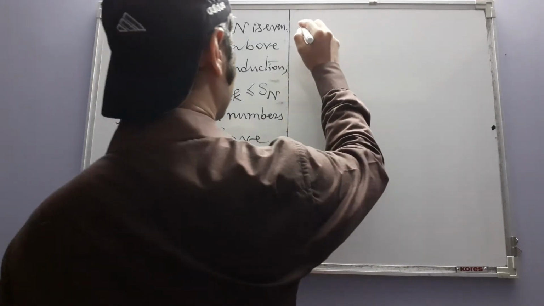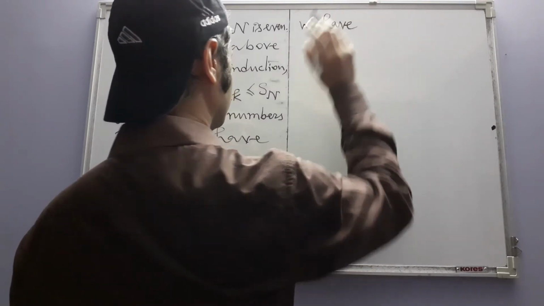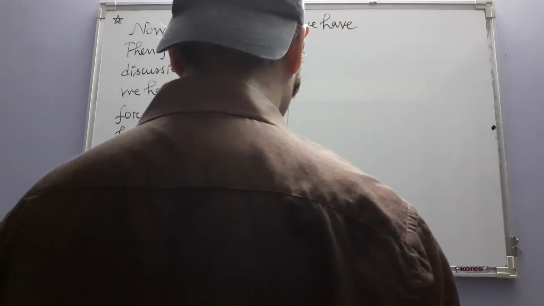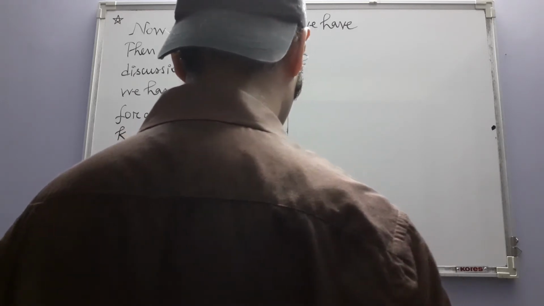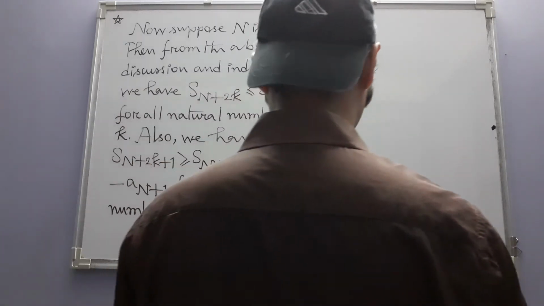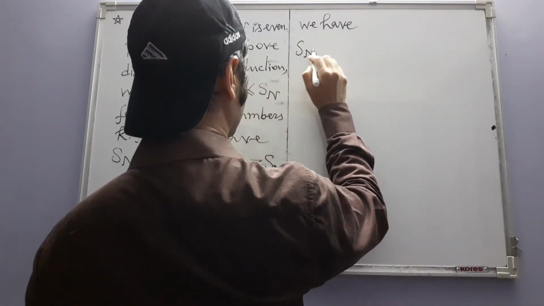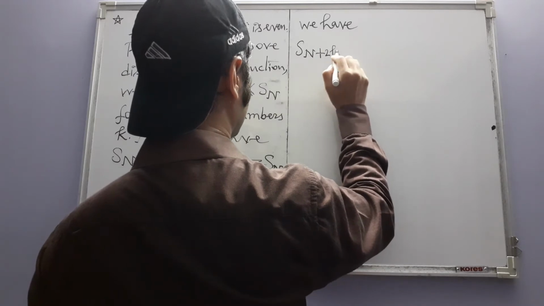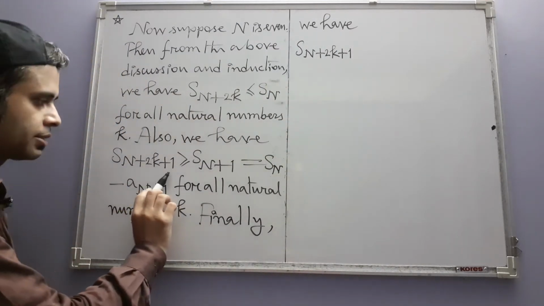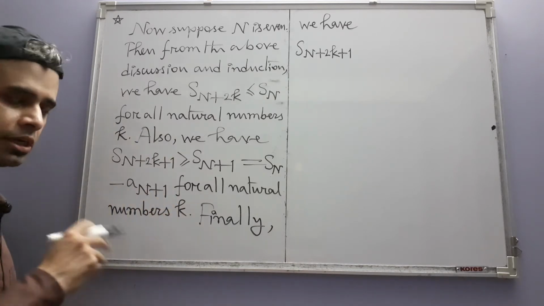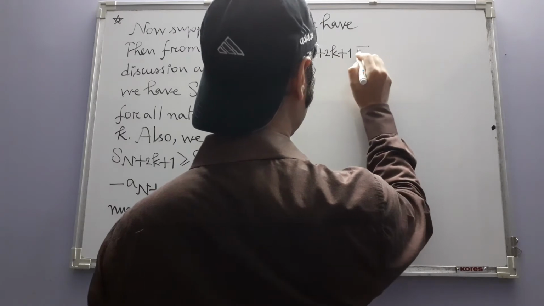we have these next calculations. S_{n+2k+1}. We have already written something involving S_{n+2k+1}, but now we are going to write something else. S_{n+2k+1} is what?